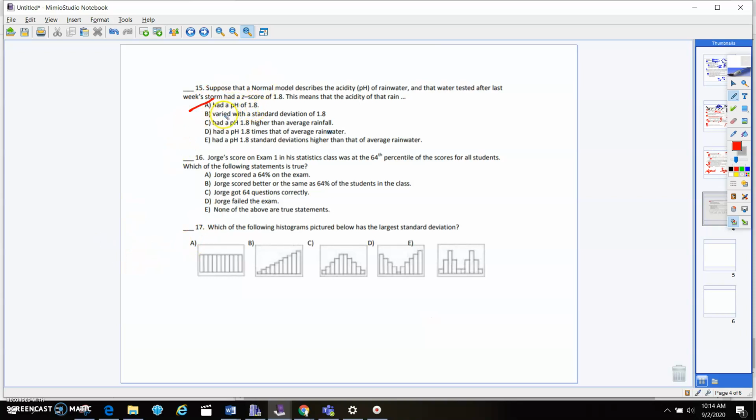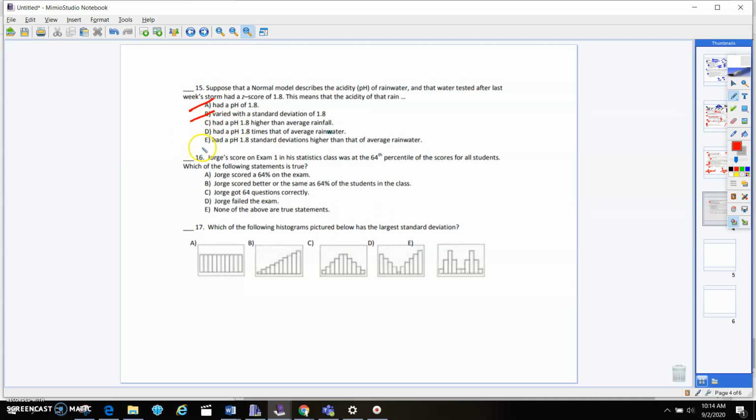It's how it's standardized, right? B, varied with a standard deviation of 1.8. Again, not what that means. Had a pH higher than the average rainfall. Had a pH 1.8 times the average of rainfall. Or had a pH 1.8 standard deviations higher than the average of the rainwater.